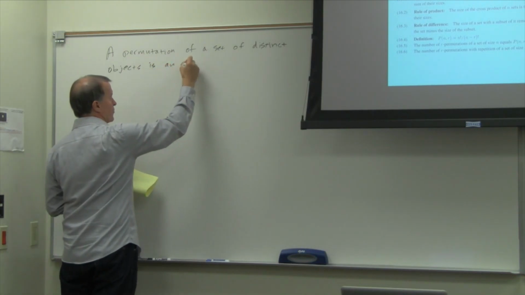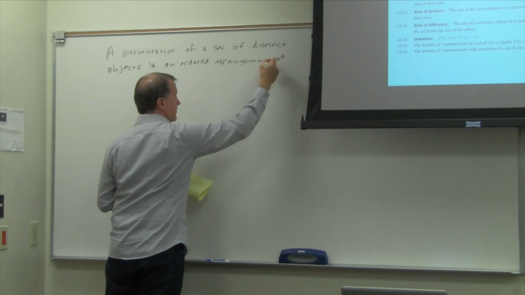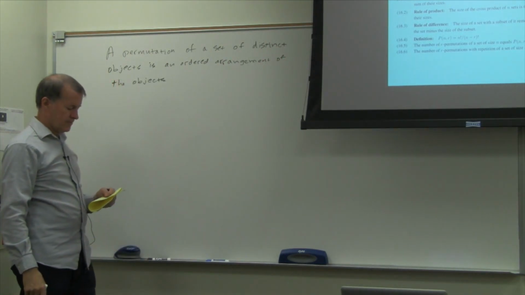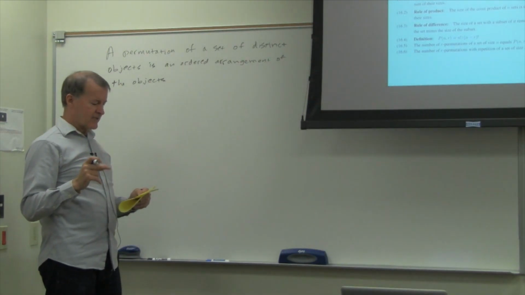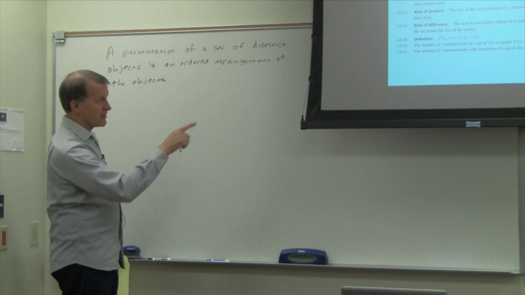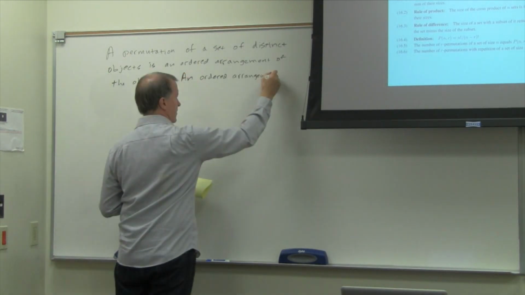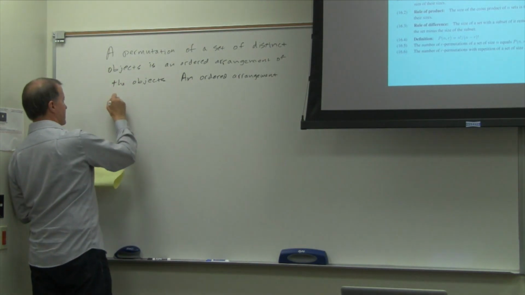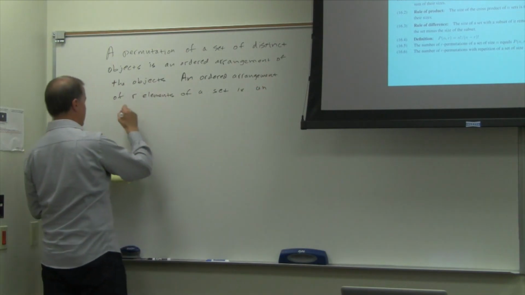And an ordered arrangement of R elements of a set is called an R permutation. That's what that definition is.